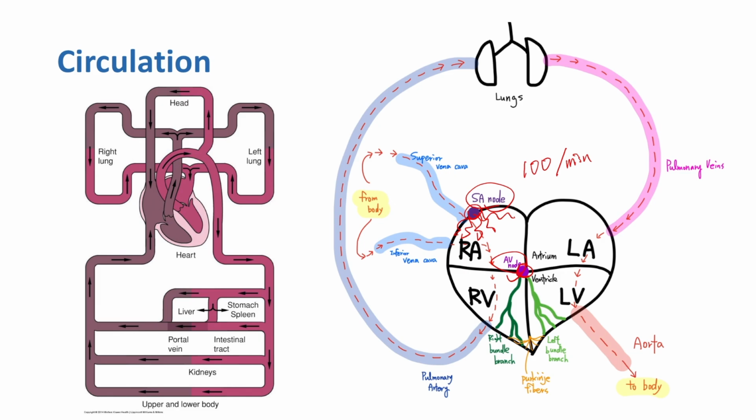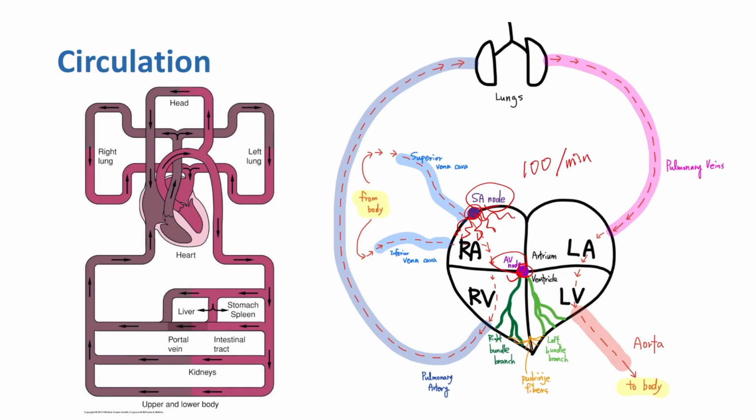So this is actually our intrinsic heart rate. If I take your heart out of your body and keep the heart alive, it will automatically pump 100 times every minute. It's about 100 times. Some people may have like 99 times, some people may have like 102 times, but it's around 100.